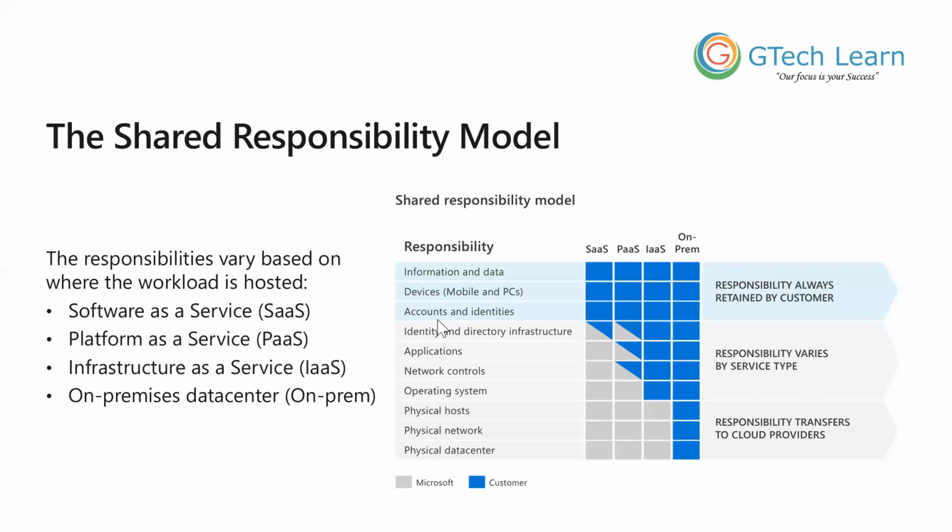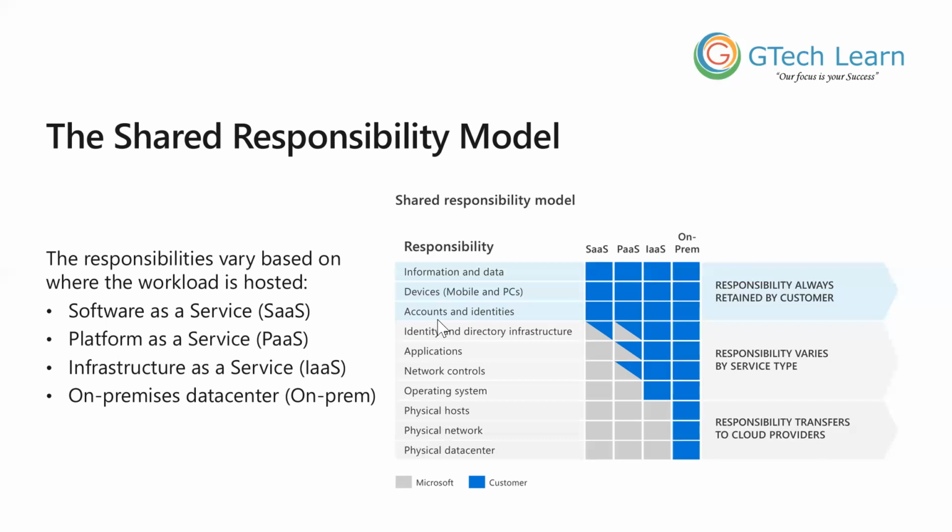And when we move to platform as a service, it provides an environment for building, testing, and deploying software applications. The main goal of platform as a service is to help you create an application quickly without managing the underlying infrastructure.